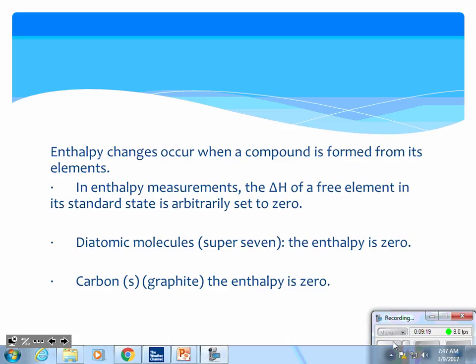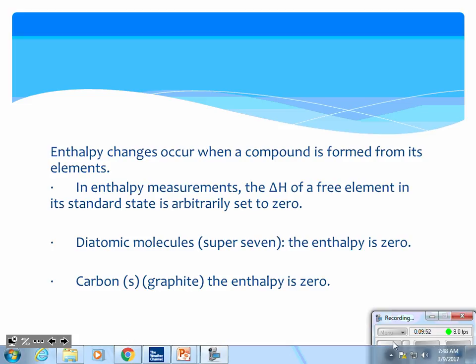Okay, let's go over. If you notice, it is not 100% that everything is 0. Look at cesium on the other page. Cesium as a gas, cesium as a liquid, cesium as a solid. Cesium as a solid is set at 0.